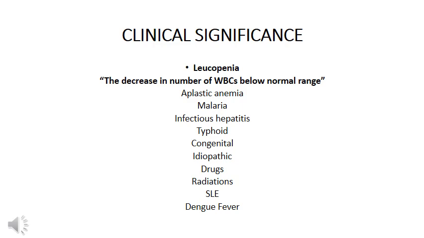There are some important causes of leukopenia like aplastic anemia, malaria, infectious hepatitis, typhoid, congenital causes, or idiopathic, meaning some causes are not understandable. Drugs, radiations, SLE, which is not sickle cell anemia but systemic lupus erythematosus, an autoimmune disease, then dengue fever. So here, we have learned about the total leukocyte count.